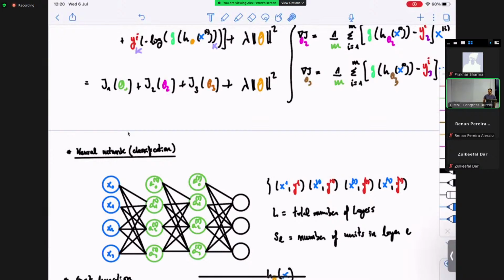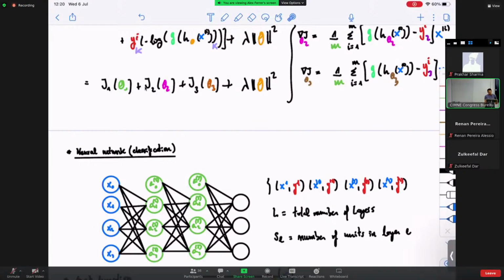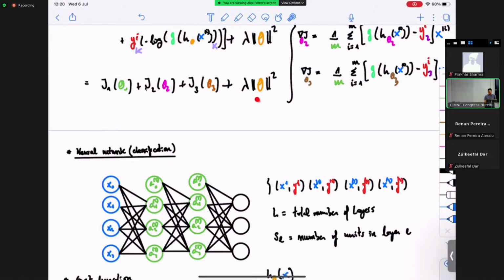So at the end, the answer was that they are independent, but some of them might be more important than the others. If you have theta 1, theta 2, theta 3, you can separate the minimization.